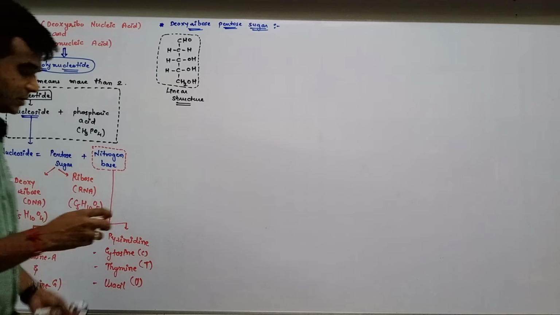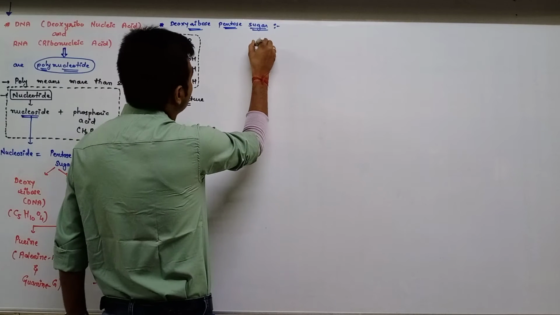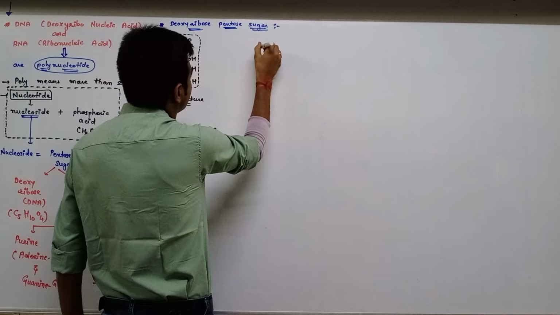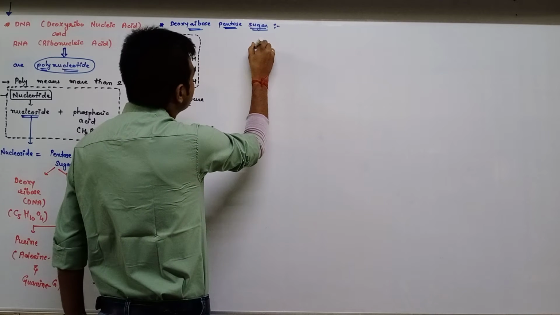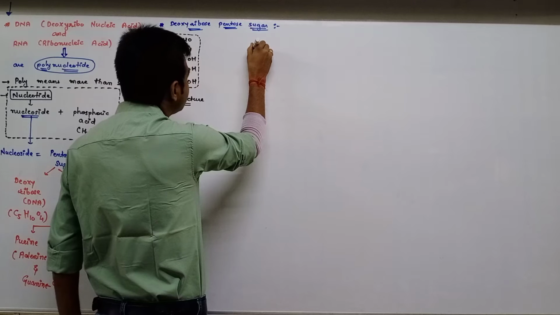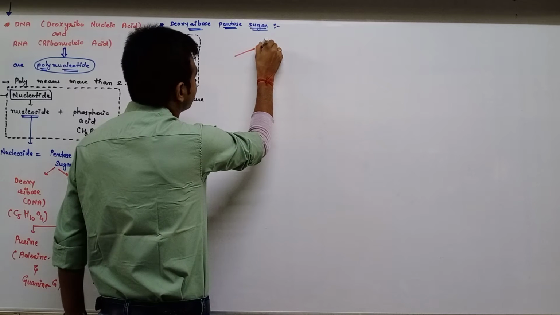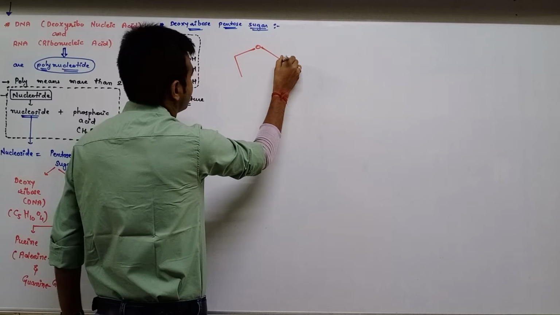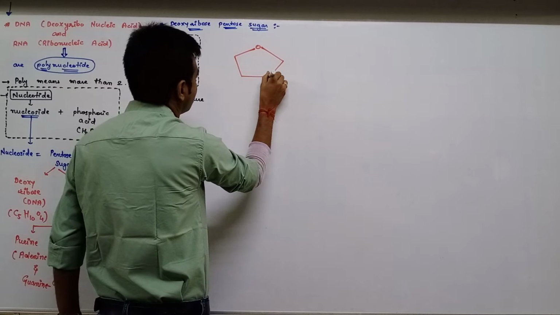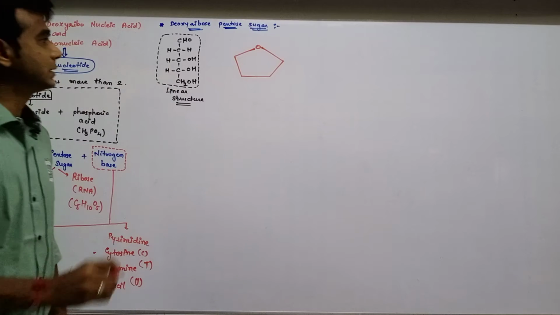Now you have to remember the cyclic structure. The cyclic structure is in a pentagon manner. At the topmost side you write O, oxygen.